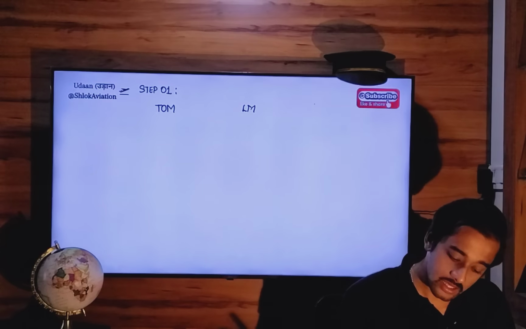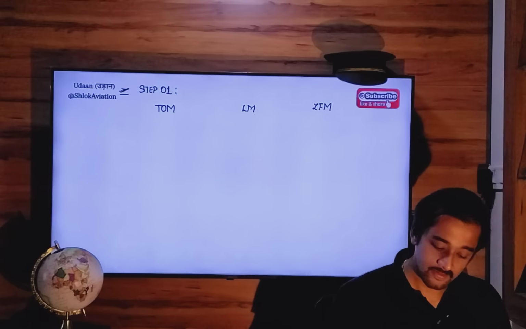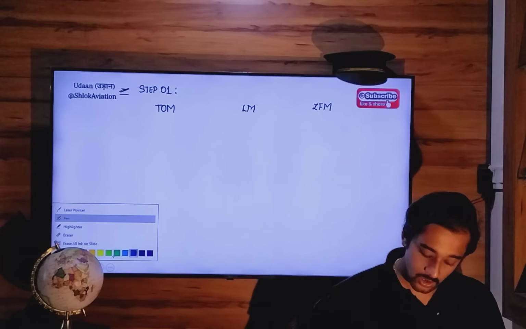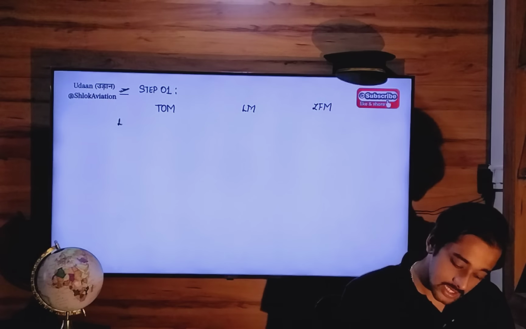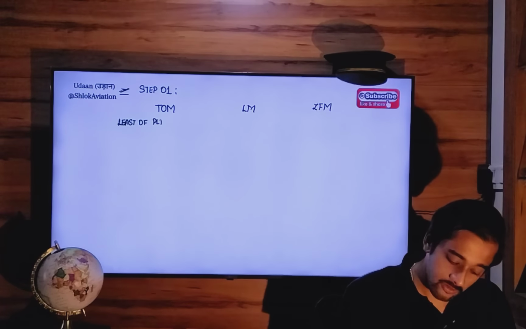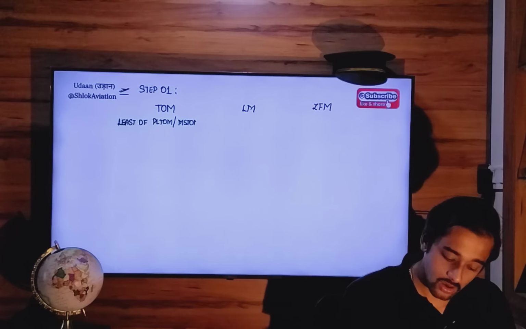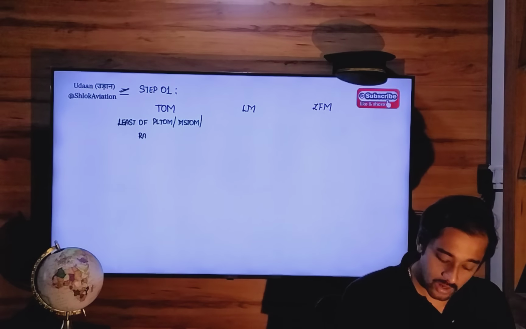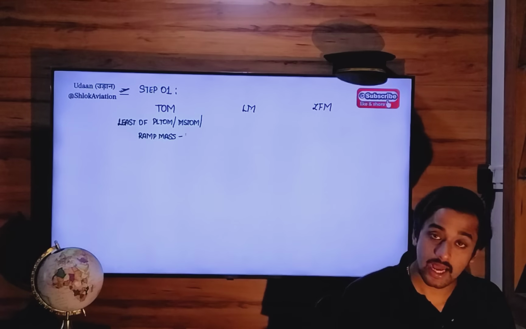Draw three columns, one for takeoff mass, the second one for landing mass, the third one for zero fuel mass. Now in the takeoff mass, like I always say, you're going to choose a value which is least of performance limited takeoff mass, maximum structural takeoff mass or ramp mass minus taxi fuel.